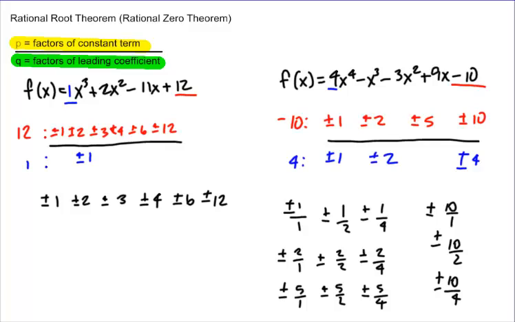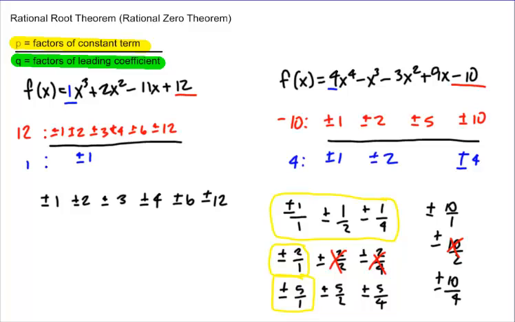Now, some of these guys will all reduce to the same thing. So if you'll pay attention, these guys right here are all in reduced form. So anything that reduces to 1, 1/2, or 1/4 we don't want. Well, I've got a 1 here and a 1/2 here. And then go to your next row. Anything that reduces to 2 we don't need. Well, I think we're all right on there. Anything that reduces to 5 we don't need, and that means that we can get rid of this guy.